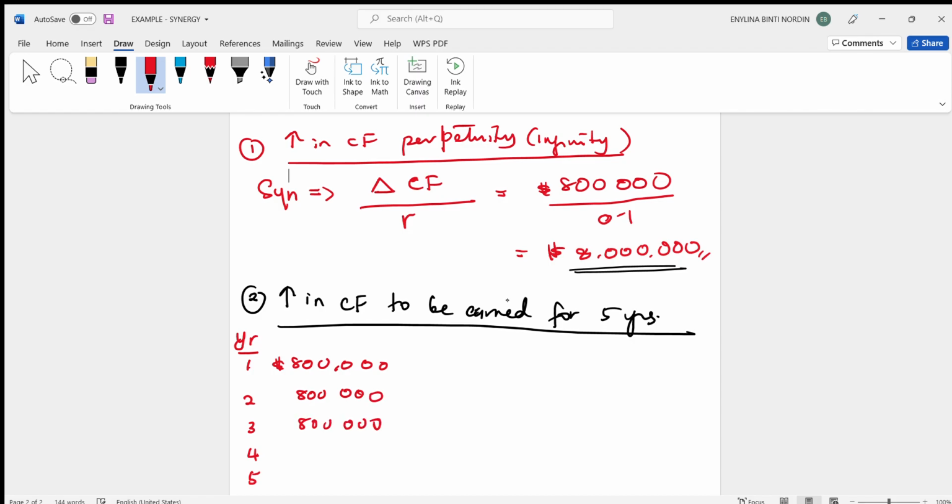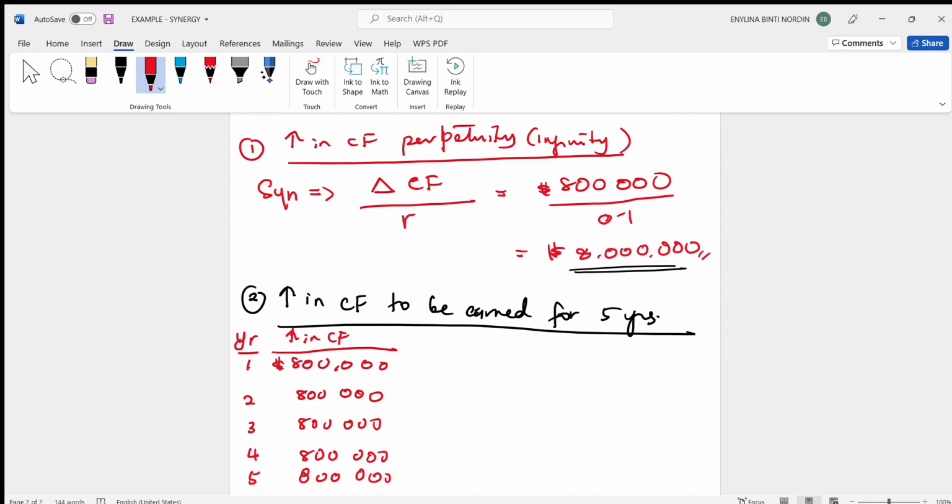Okay, if you have this expectation of the increase in cash flow, then how are we going to calculate? So this is the increase in cash flow after tax. If you want to calculate the synergy, then we have to refer to the present value table.